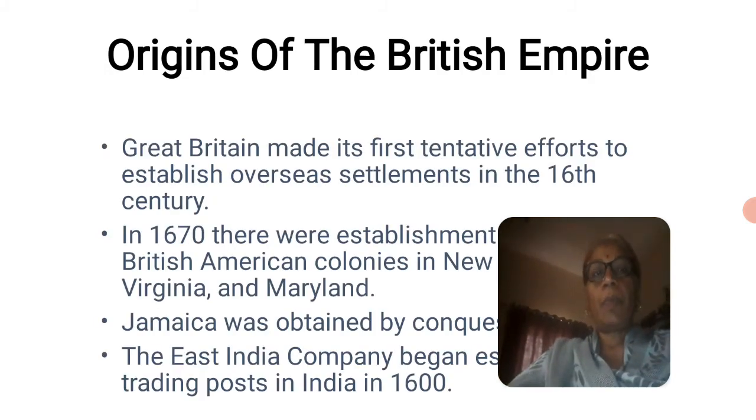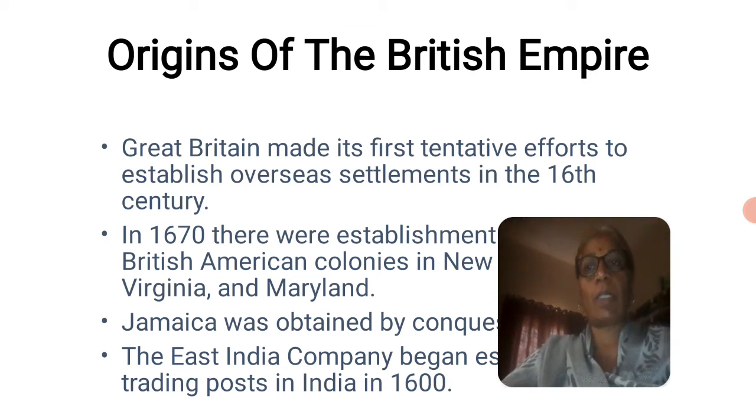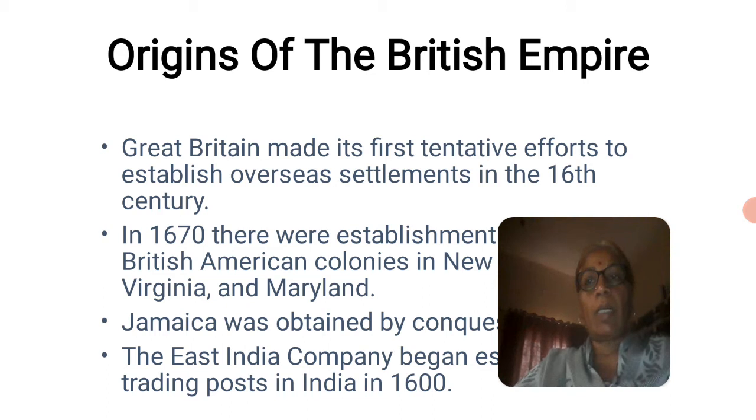Great Britain made its first tentative efforts to establish overseas settlements in the 16th century. In 1670, there were establishment of British American colonies in New England, Virginia and Maryland. Jamaica was obtained by conquest in 1655.